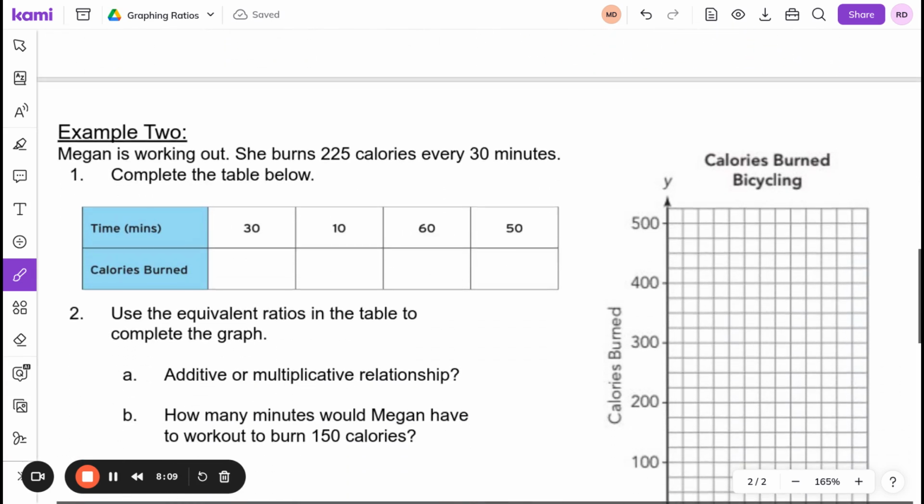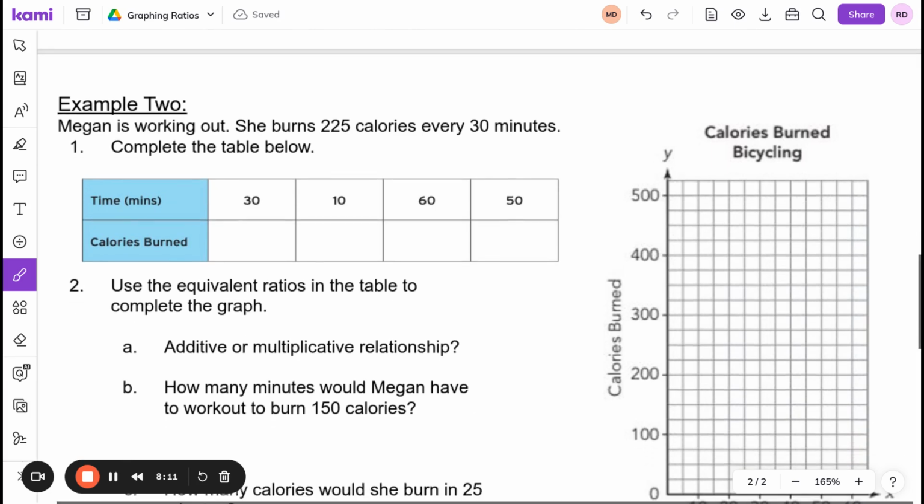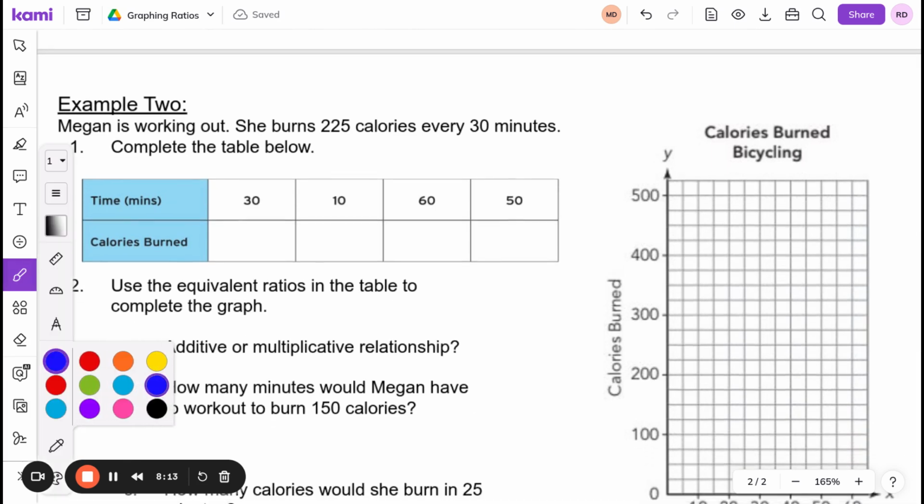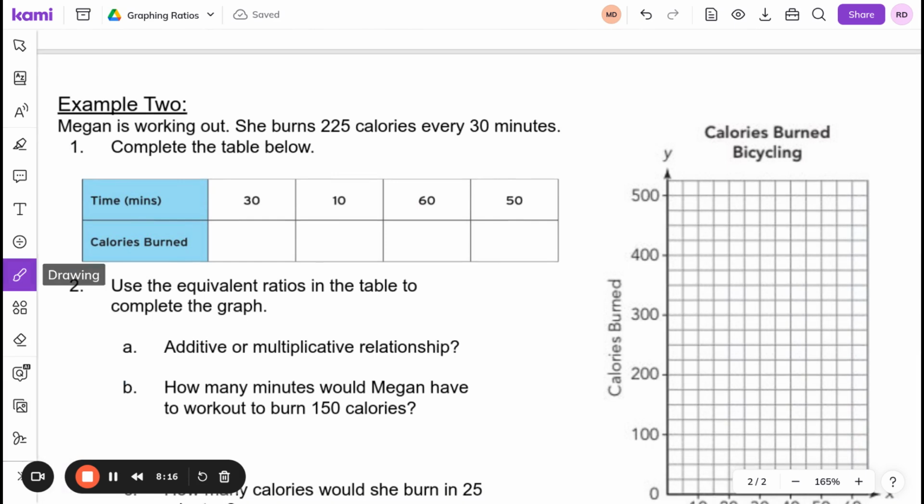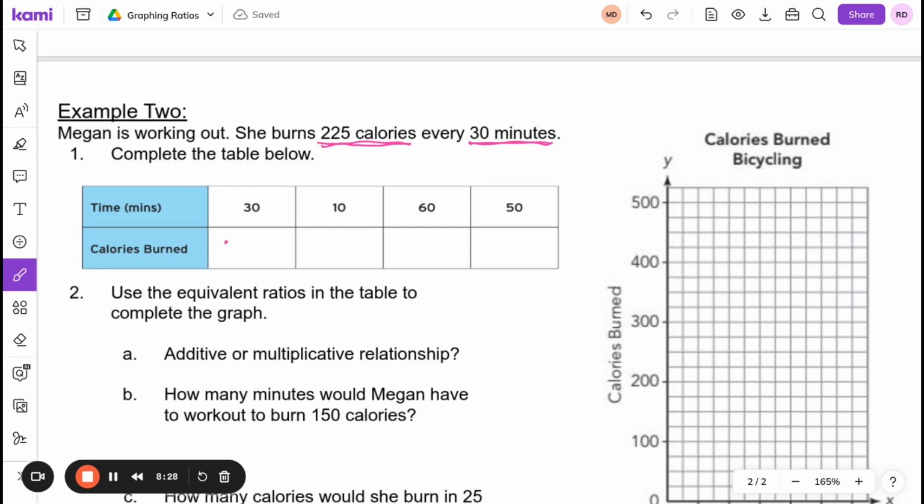Okay, example 2. We have Megan, and Megan is working out. She burns 225 calories every 30 minutes. So that gives us our starting ratio in the table. So 30 minutes is 225 calories. So we have to do some math to find the missing numbers.